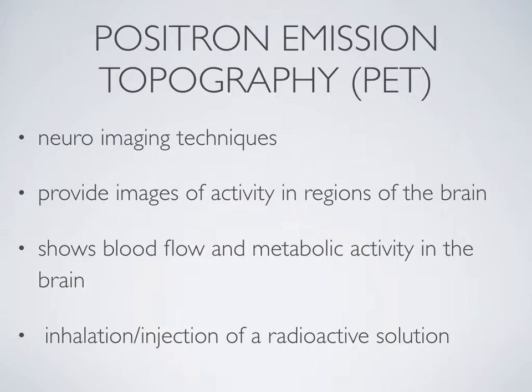When mixed with blood, it produces an electromagnetic radiation. This can be picked up by the scanner, and with the result, it shows the increased activity with more enhanced color, and it's used to detect neural substrates in cognitive and motor skills.